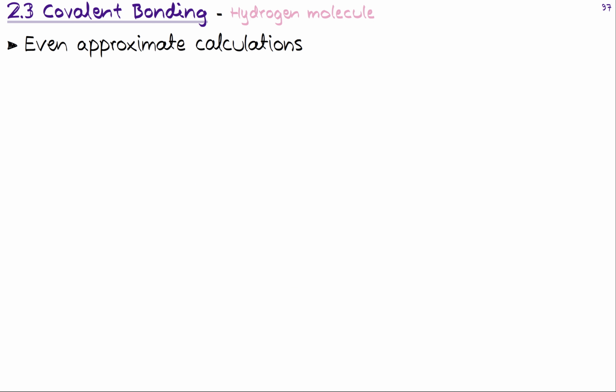So what we have learned is that even the simplest of possible calculations are not trivial, and we had to approximate things. This is what we had to do already in the simplest imaginable scenario, the two-particle Hamiltonian for a hydrogen system.